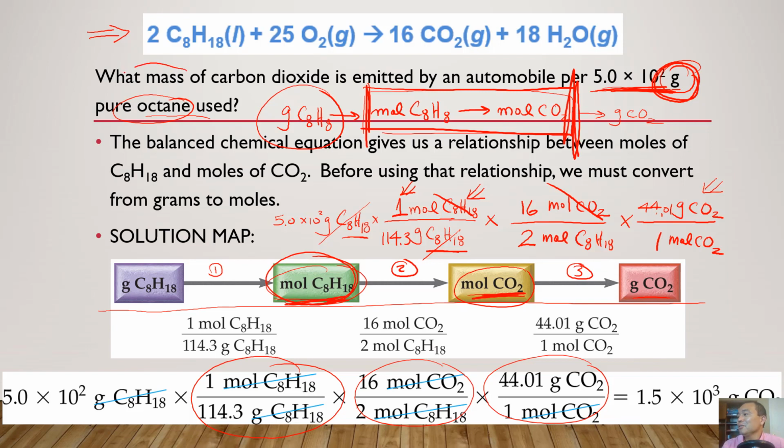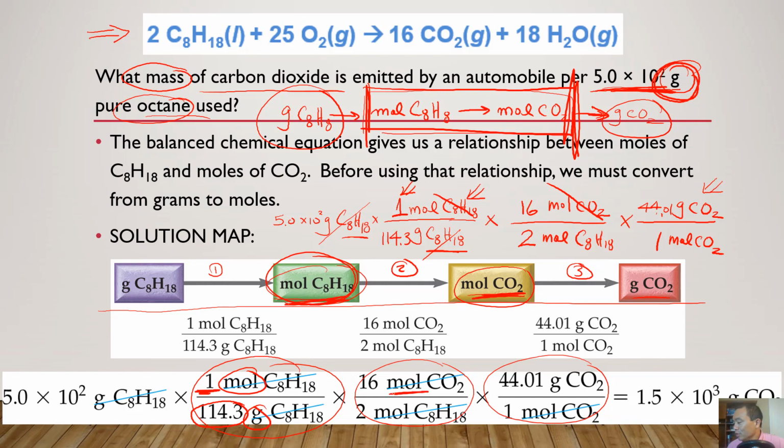Because it's asking you the mass of carbon dioxide, you need to further extend it to the right side for one more step. And that's the whole analysis. Based on the solution map, then you can write out the solution pretty straightforwardly. One trick is, if you look at a mole and gram relationship, that means it's molar mass, so it's always 1 mole is formula mass grams.